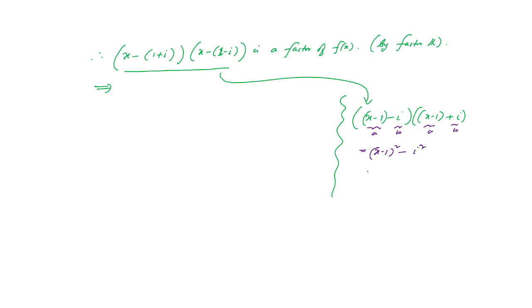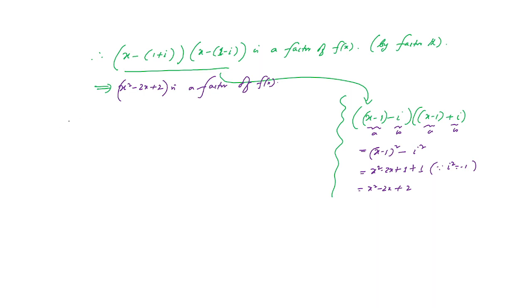So it is (x minus 1) square minus I square, which is x square minus 2x plus 1, plus 1 since I square equals minus 1. So x square minus 2x plus 2 is a factor of f(x).